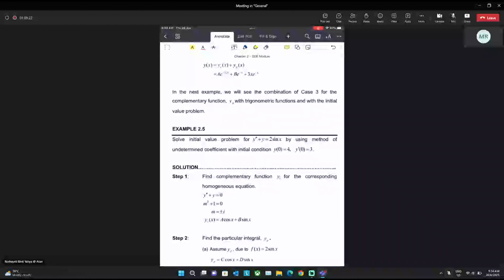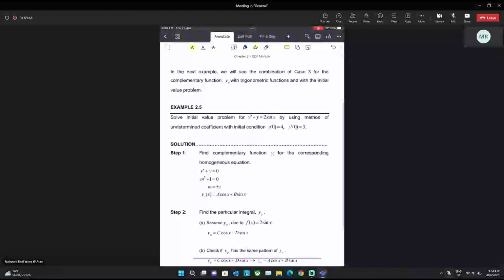Dah sampai step mana? Right, class. So find complementary function YC for the corresponding homogeneous equation.